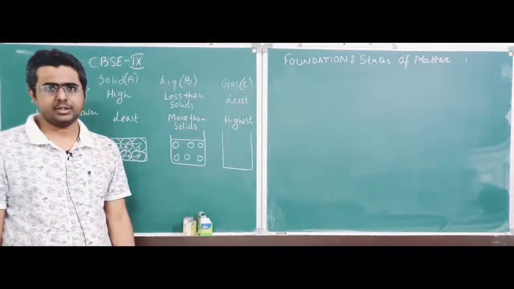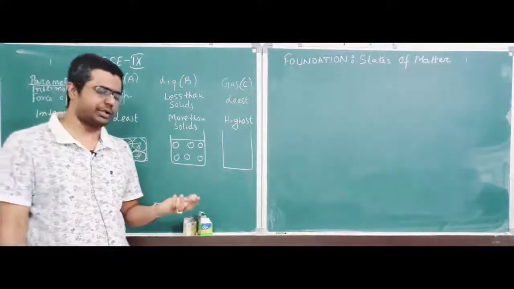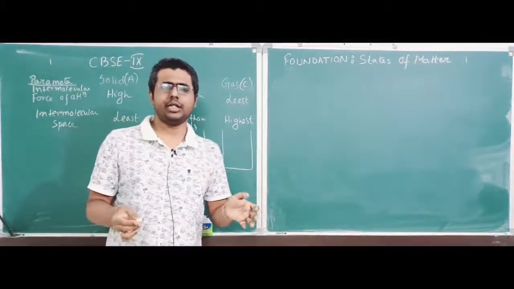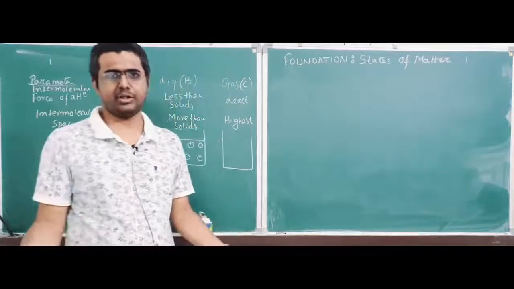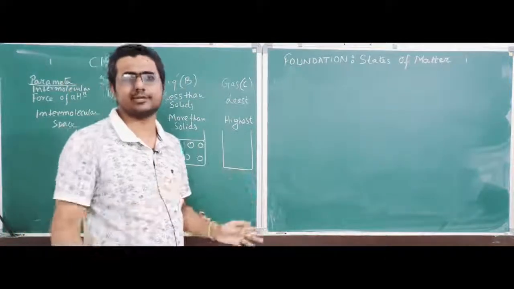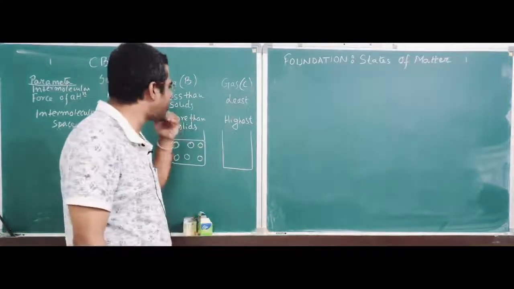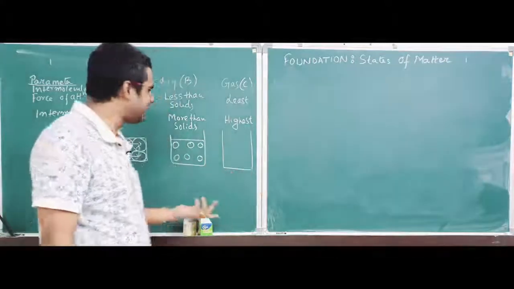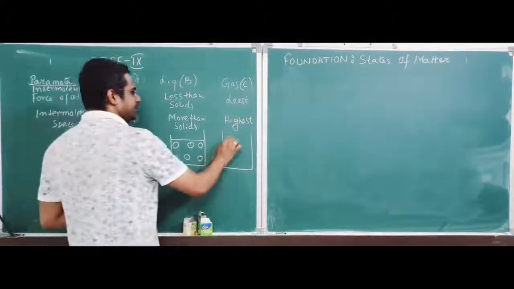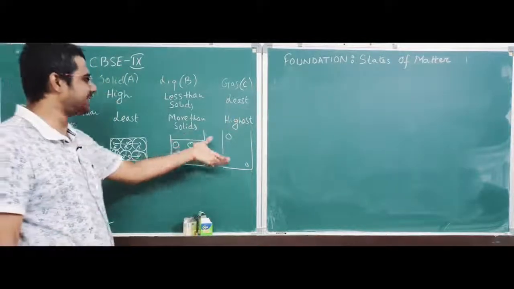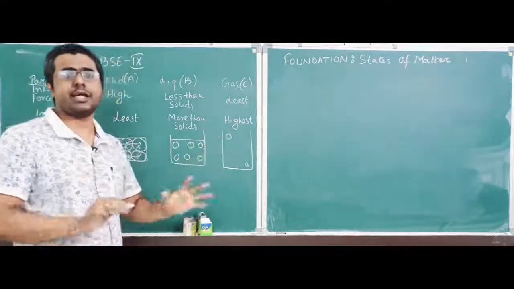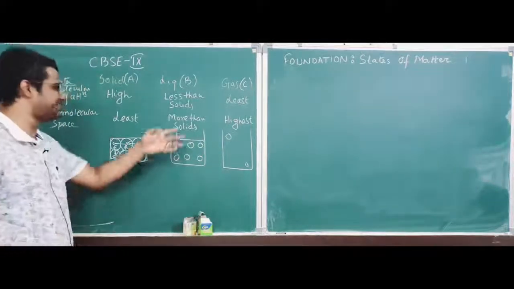So whenever a gas is put into a container, if it is not closed, it is going to go anywhere and everywhere it wants, because its freedom is highest. So in that case it doesn't have any surface. Maybe 1-2 molecules are here and there, but definitely the distance between the molecules is very very high. That is why intermolecular space is high.